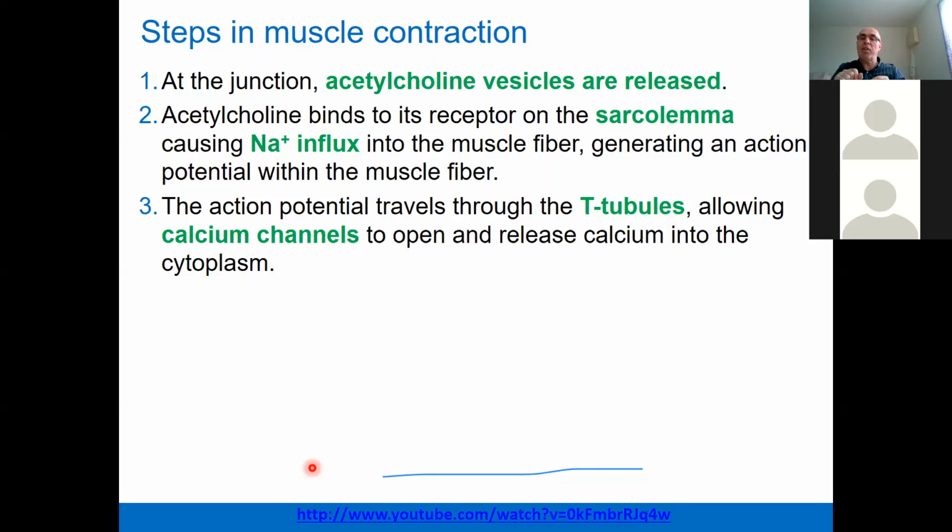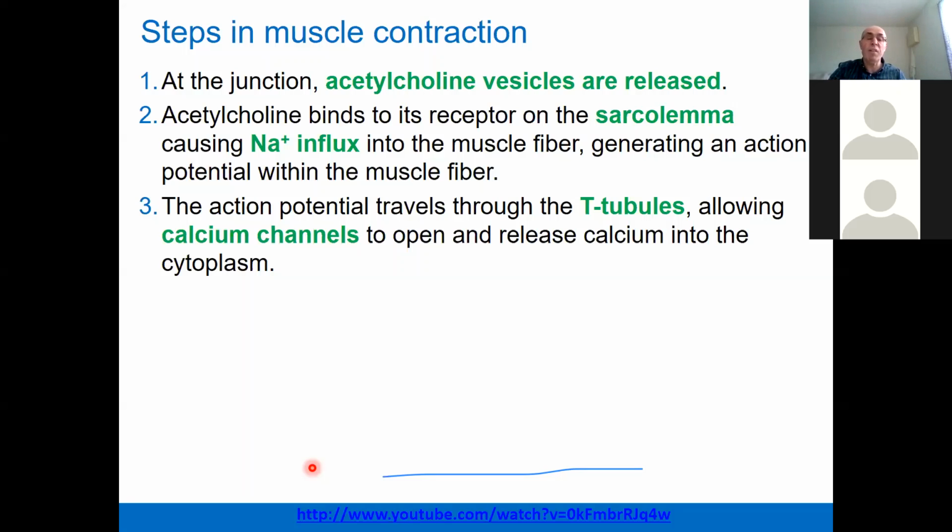Contraction begins with the release of acetylcholine from the vesicles, which binds to the sarcolemma and causes sodium influx into the myofibril, resulting in release of calcium from the sarcoplasmic reticulum.